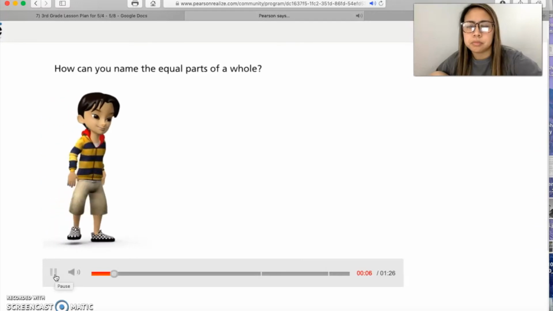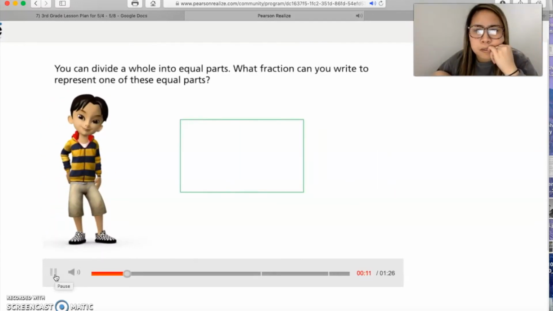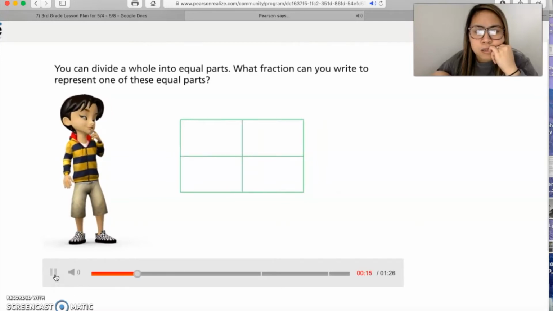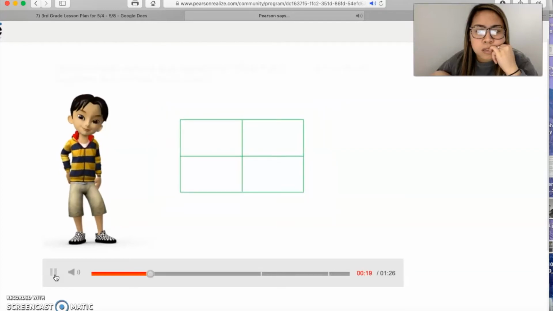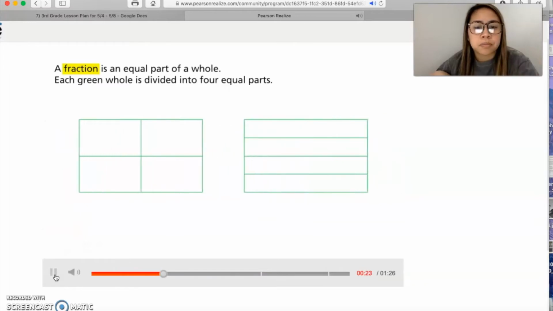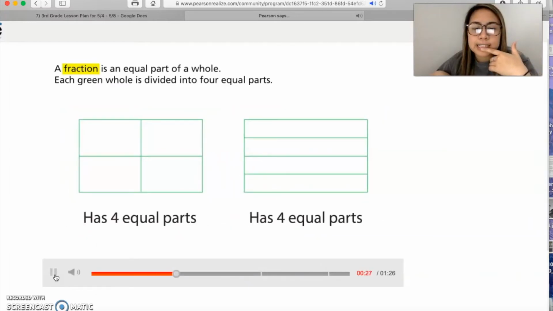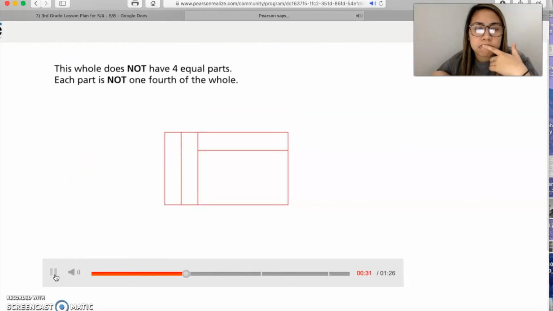How can you name the equal parts of a whole? You can divide a whole into equal parts. What fraction can you write to represent one of these equal parts? A fraction is an equal part of a whole. Each green whole is divided into 4 equal parts. This whole does not have 4 equal parts.